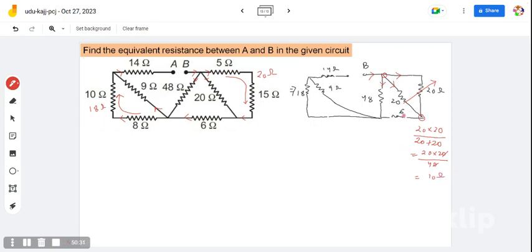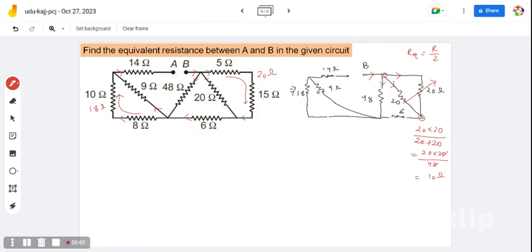Also kindly note, when both the resistances are same, what will be the equivalent resistance? It will be R by 2. 20, 20 both are same, so if they are connected in parallel, we can directly write R by 2. So 20 by 2 will be 10 ohms.